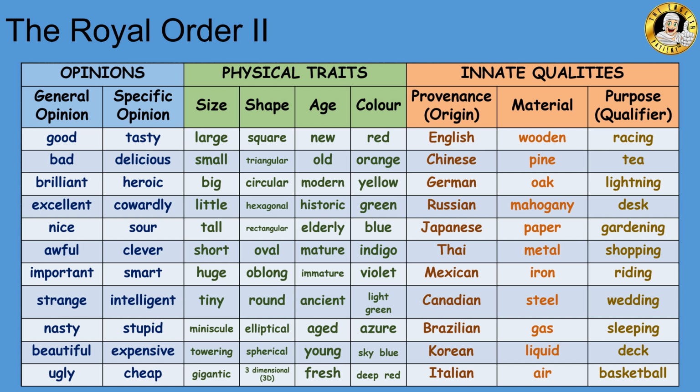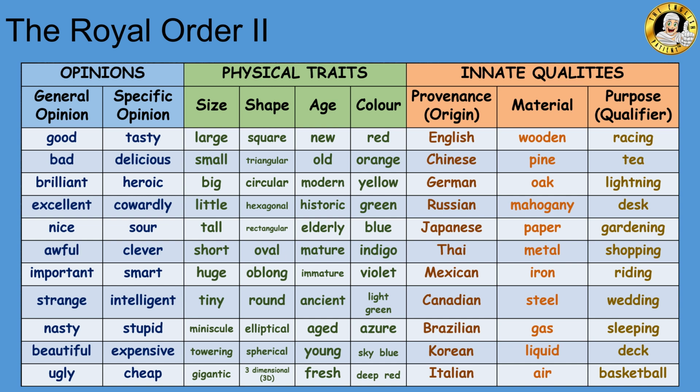For colour, there are many colours: red, orange, yellow, green, blue, indigo, violet. And you can have variations of those: light green, azure, sky blue, deep red. And then we move on to innate qualities as we start to get closer to the noun.